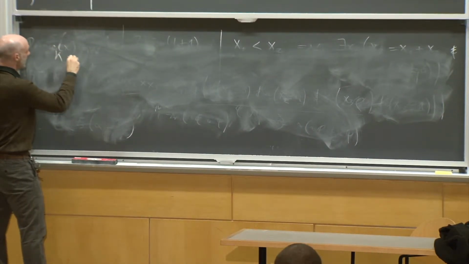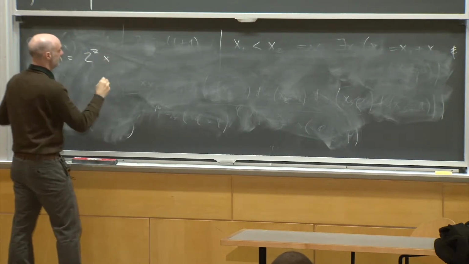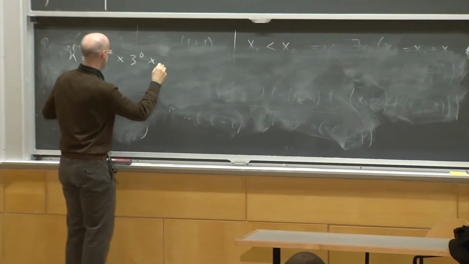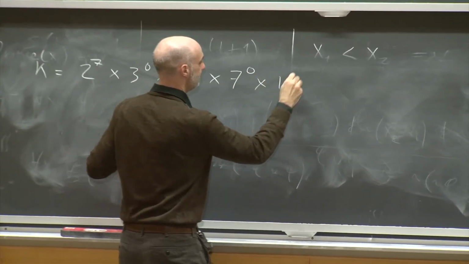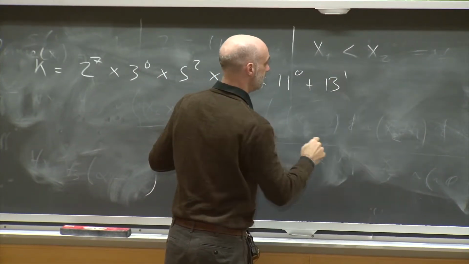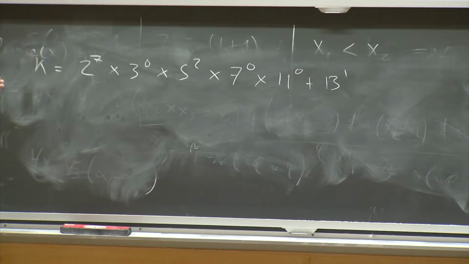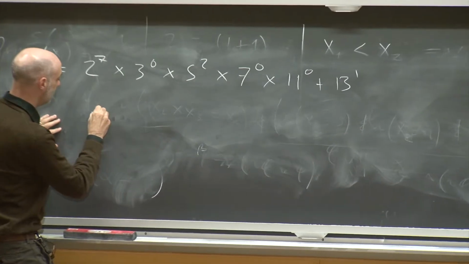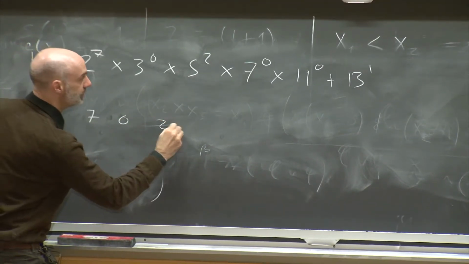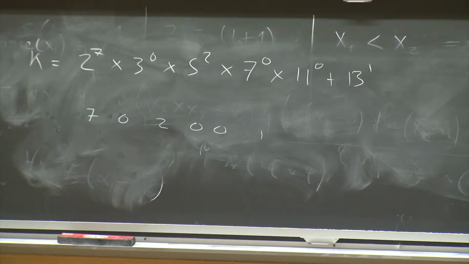I give you a number k, and that turns out to be, say, 2 to the 7 times 3 to the 0 times 5 to the 2 times 7 to the 0 times 11 to the 0 times 13 to the 1. That's the number I gave you. From there, you can extract this sequence of numbers: 7, 0, 2, 0, 0, 1, which are just the exponents.